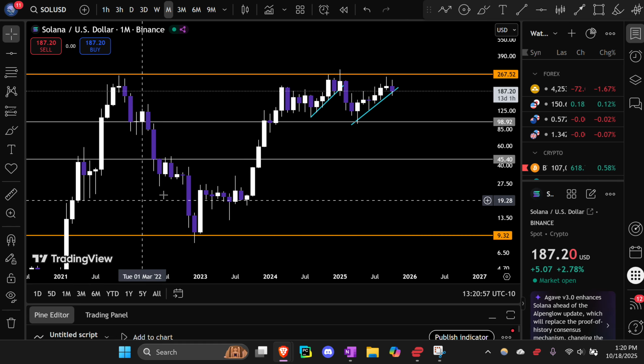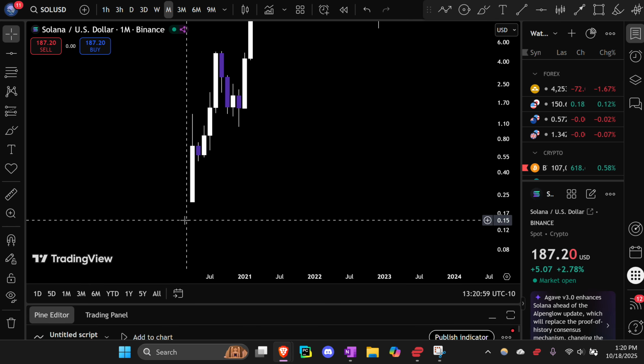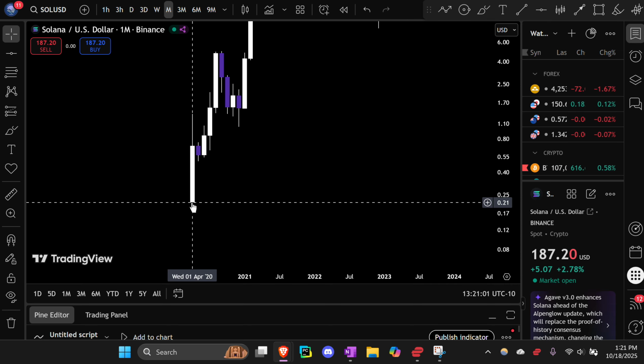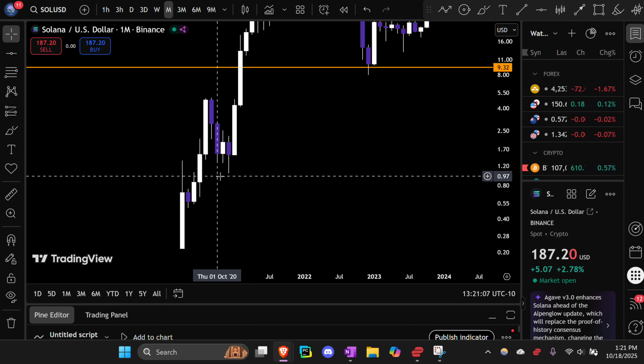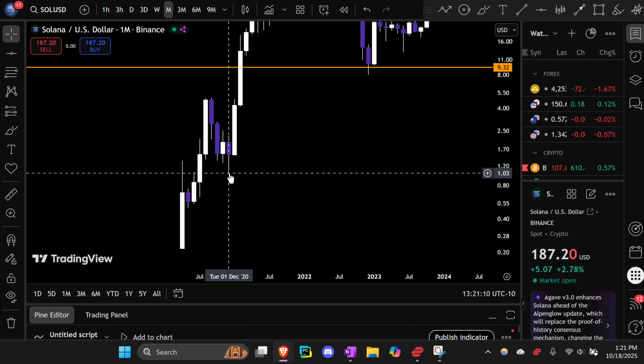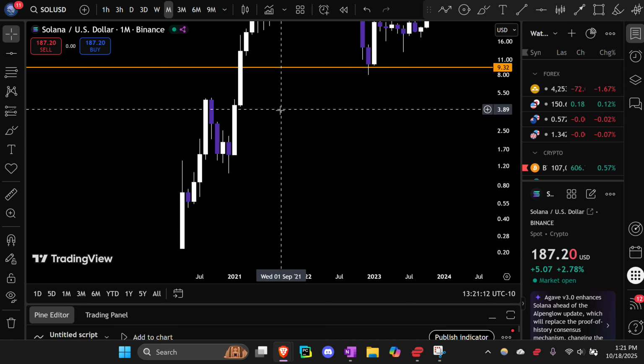See, this was last cycle where Solana was actually at 21 cents, which is pretty wild. It came up to $4, went back down to $1.03, around there, $1.